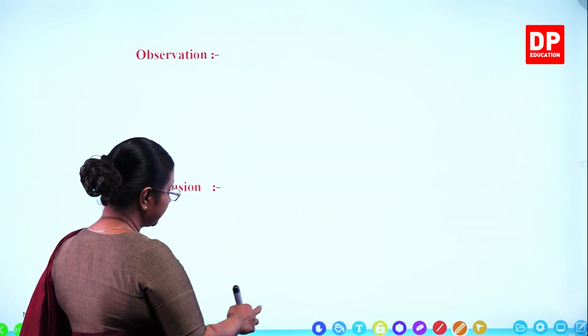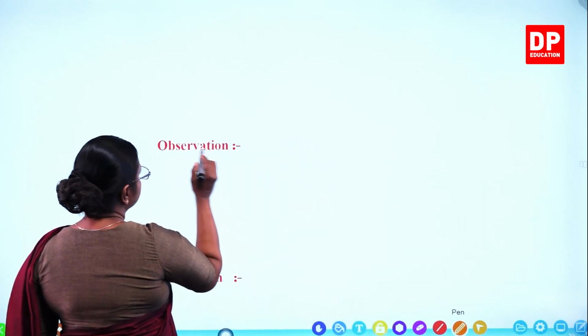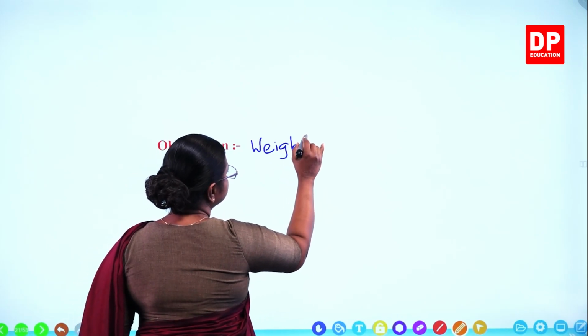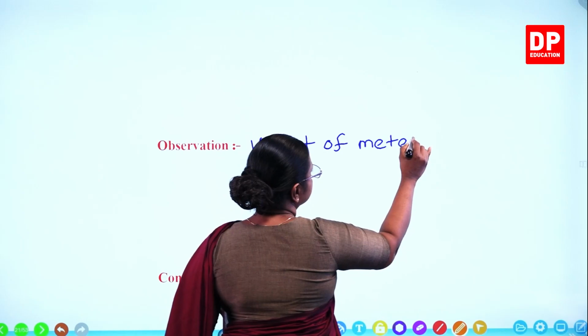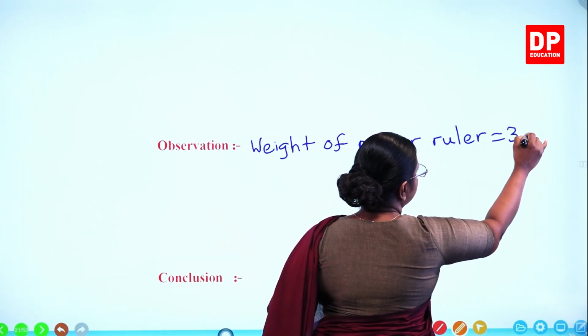So they are opposite and equal in magnitude. Therefore there is equilibrium in the object. That is, the meter ruler was at rest. So that was our observation. So here we can say, weight of meter ruler, three Newton.